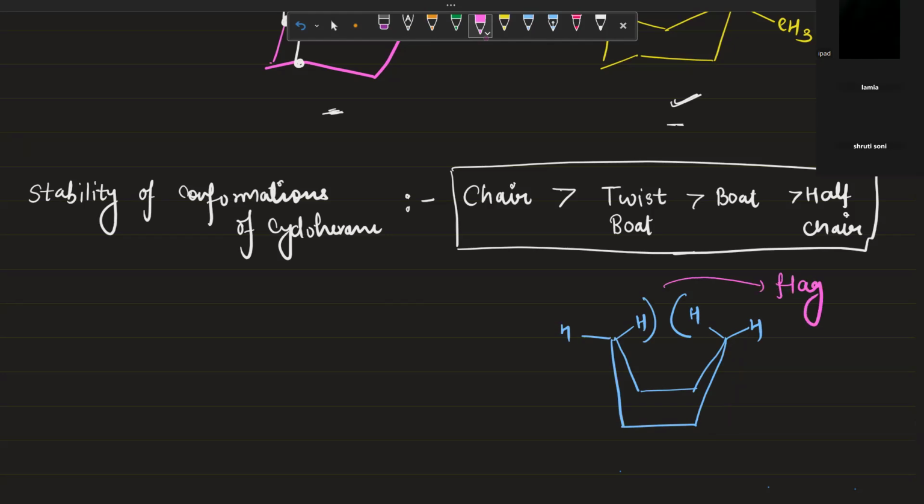So these hydrogens are known as flagpole hydrogens. These are some terms which you need to know.